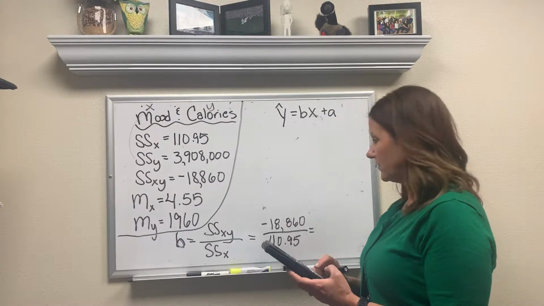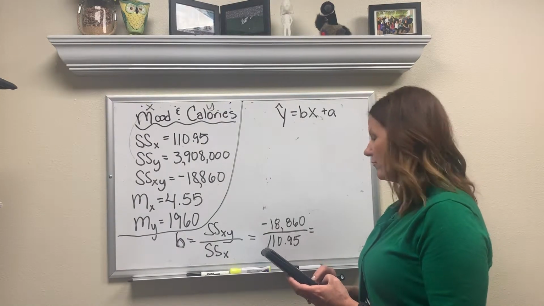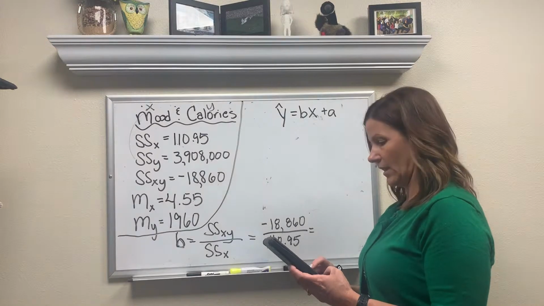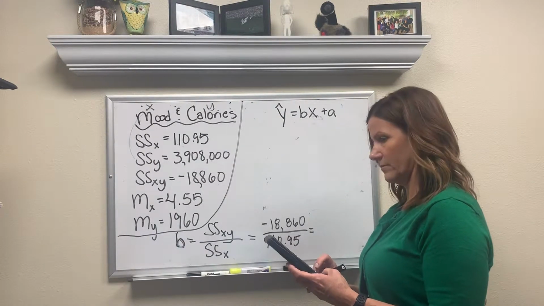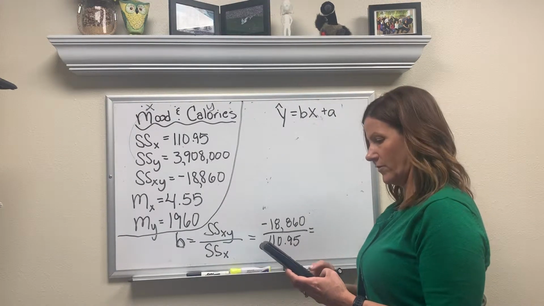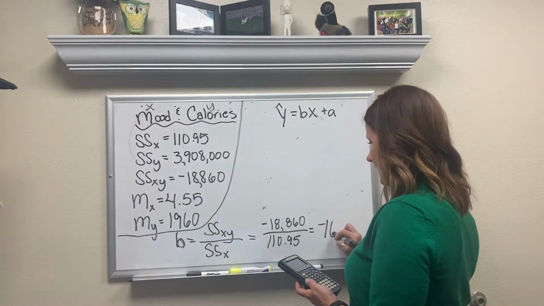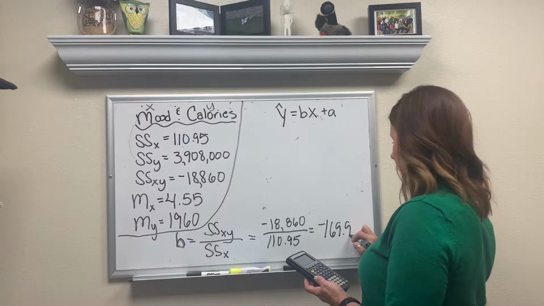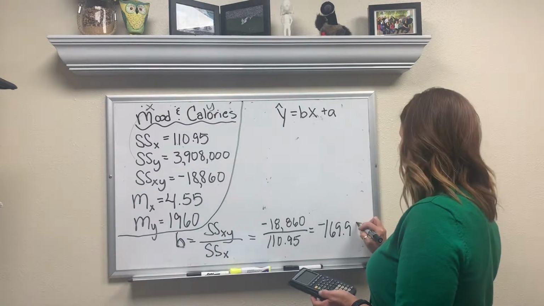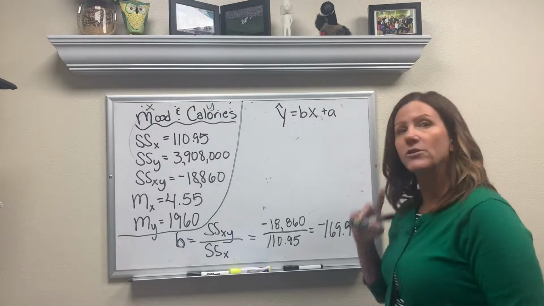And if we calculate that out, that's going to give us our slope. So be careful to use your signs because they're very important. So we should get negative 169.986, and I'm going to put 0.99. So that's our slope.